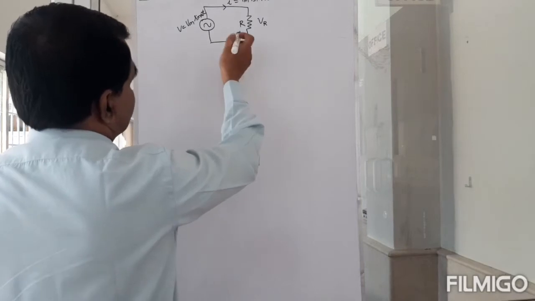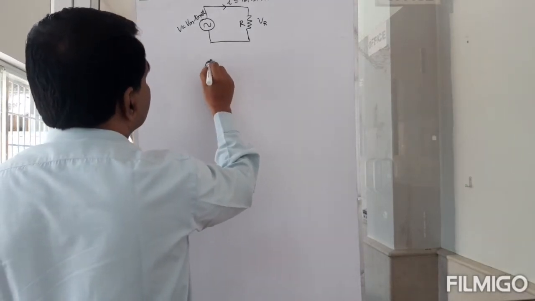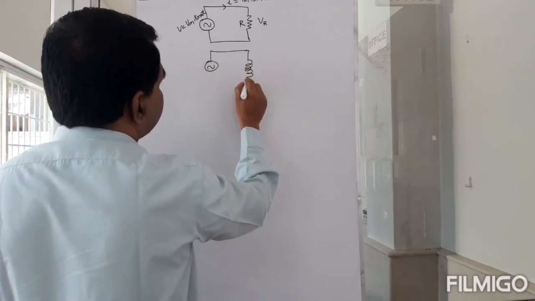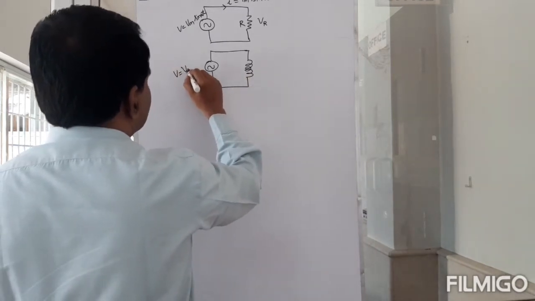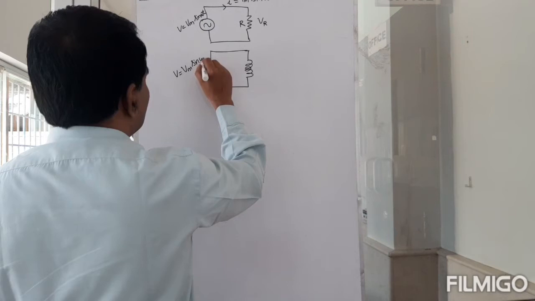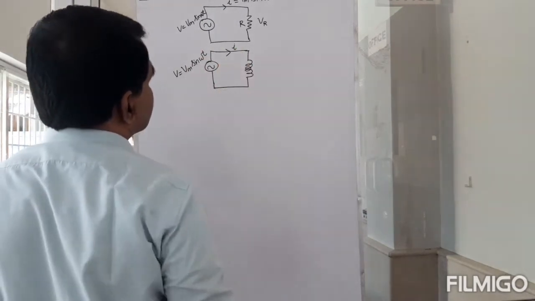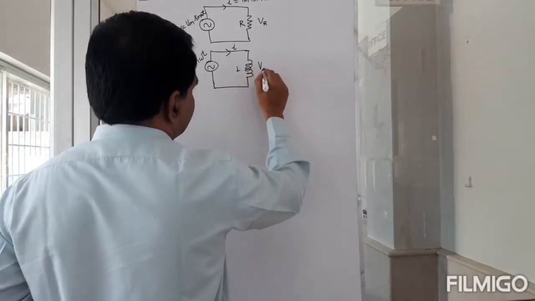So in the case of an inductor circuit, this is V, Vm sine omega t, and there is a current I that flows through this, and there is this L, and there is this VL.